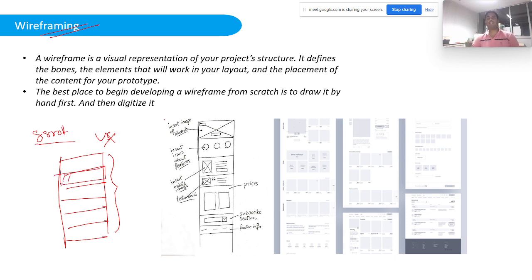So wireframing basically is the visual representation of the structure, how various elements will be positioned in the interface. It will define the overall space and how you will be positioning different elements. Okay. So the best practice of designing a wireframe is that you start with hand sketches and then you digitize it.